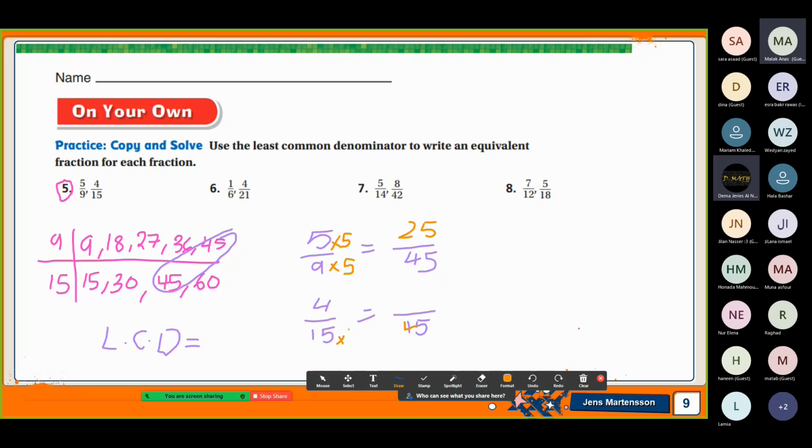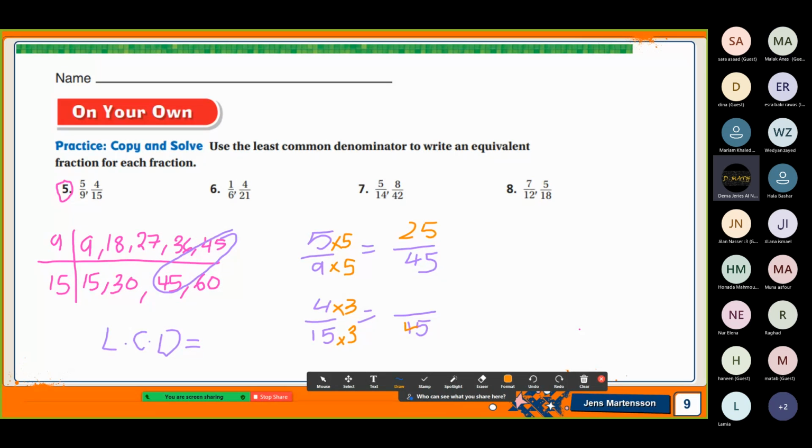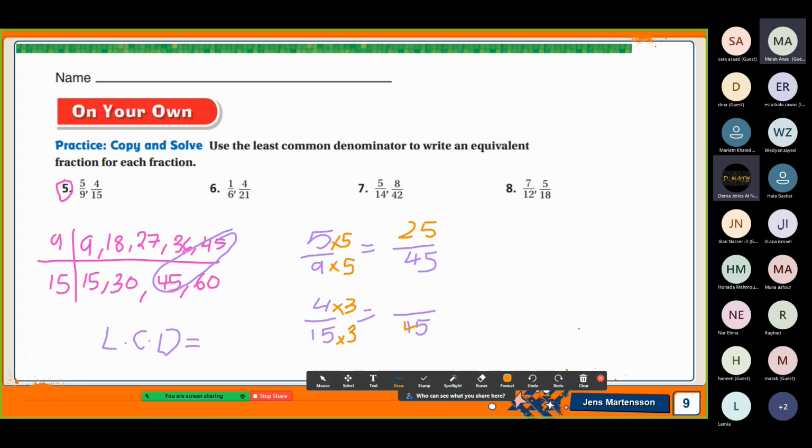We multiply it by 3, and the top by 3. 4 times 3 is 12. So what are the equivalent fractions? They are 25 over 45 and 12 over 45.